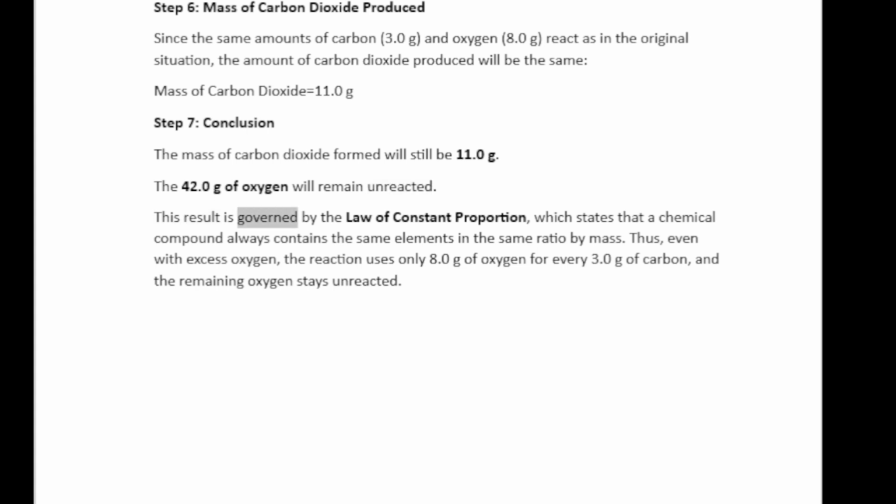This result is governed by the law of constant proportion, which states that a chemical compound always contains the same elements in the same ratio by mass. Thus, even with excess oxygen, the reaction uses only 8.0 g of oxygen for every 3.0 g of carbon, and the remaining oxygen stays unreacted.